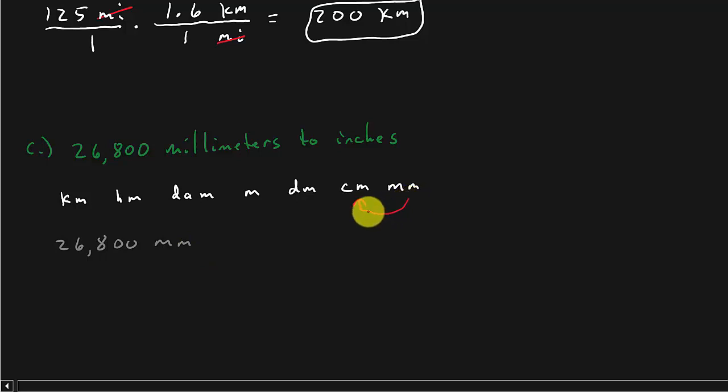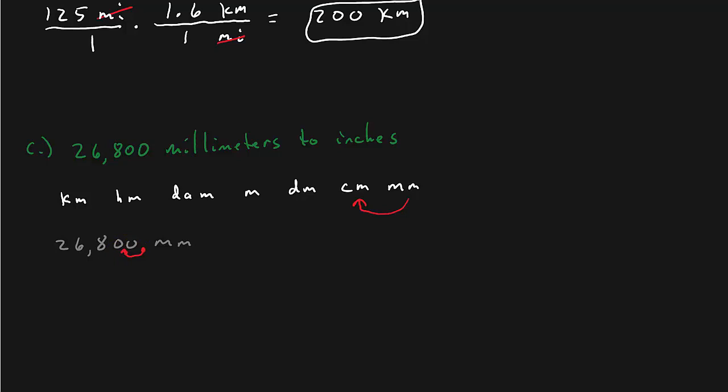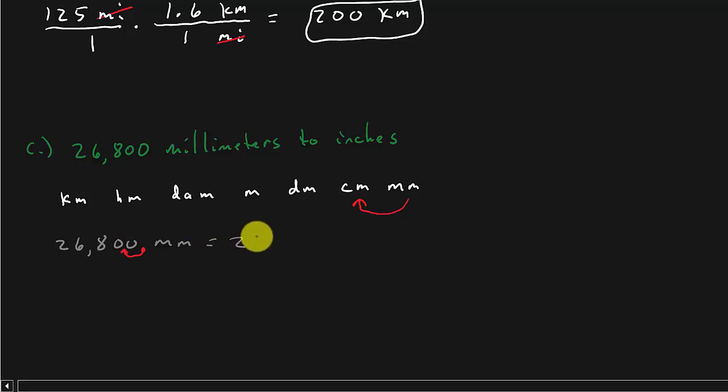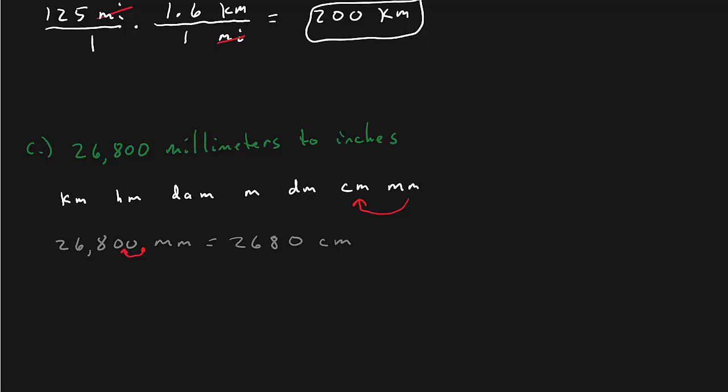From millimeters to centimeters, I have to move the decimal one place to the left. And so this is equal to 2,680 centimeters.